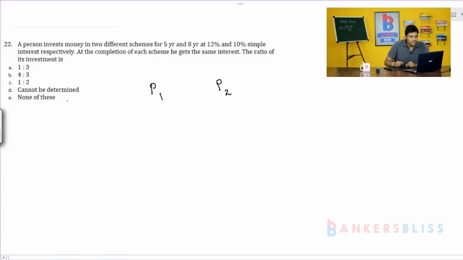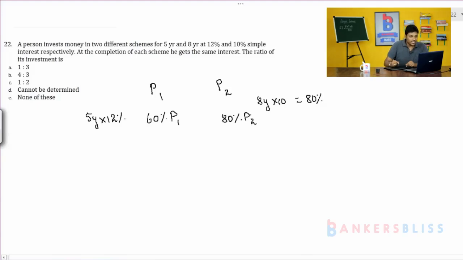Now 5 years and 12% means 5 years into 12%, that is 60% on P1. Next, 8 years at 10%, 80%, so 80% on P2.